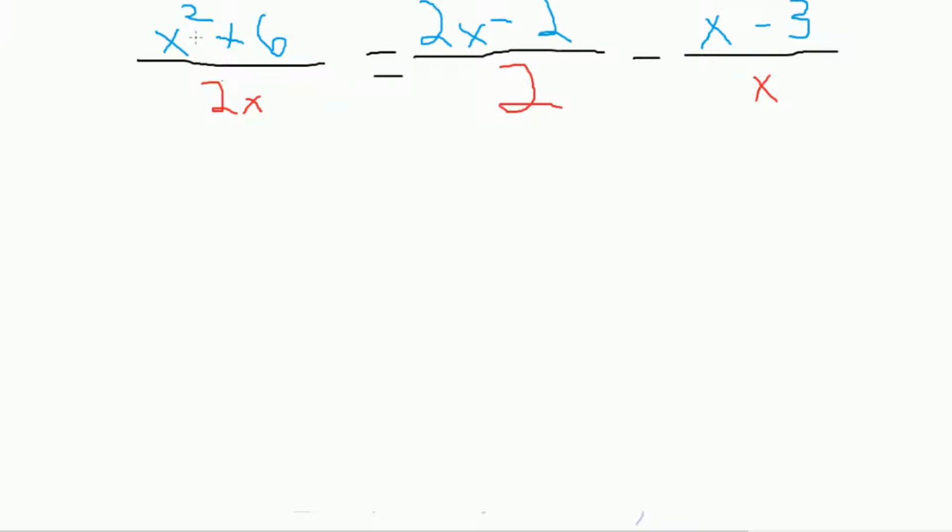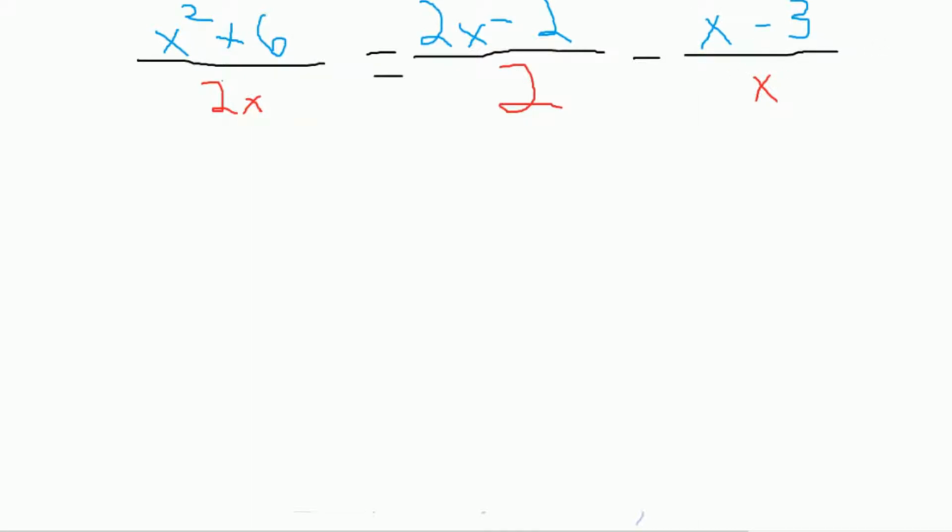So when we have three fractions in a rational equation, what we want to do is get rid of each denominator. A problem is (x squared plus 6) over 2x is equal to (2x minus 2) over 2 minus 3 over x.